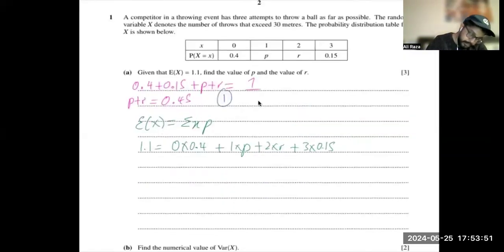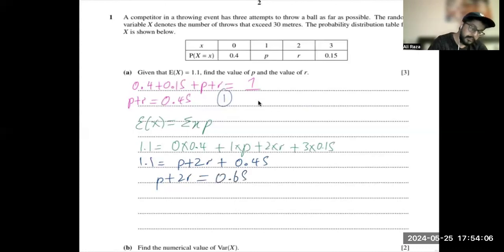This simplifies to 1.1 is equal to P plus 2R plus 0.45. P plus 2R is equal to 0.65. This is the second equation.